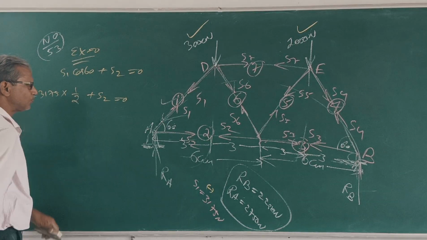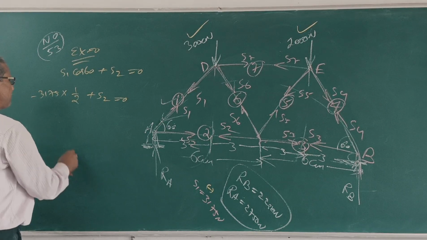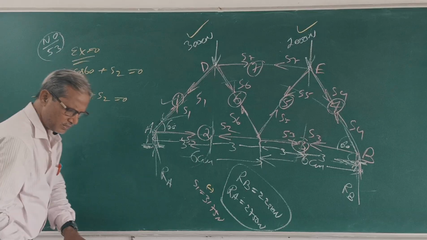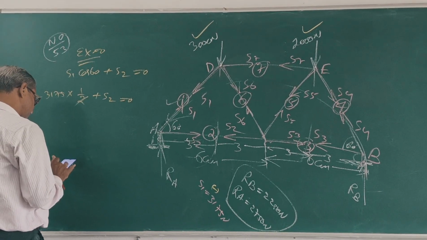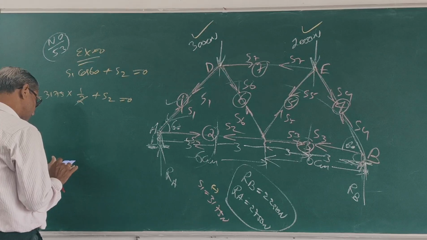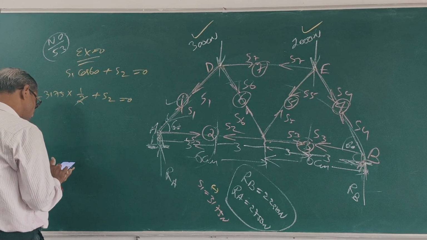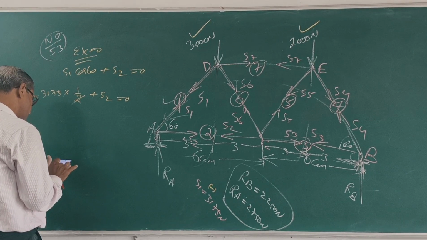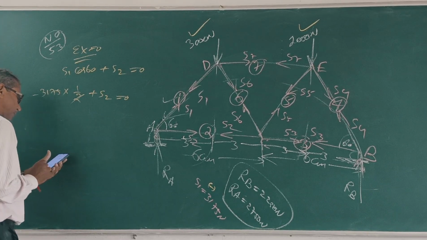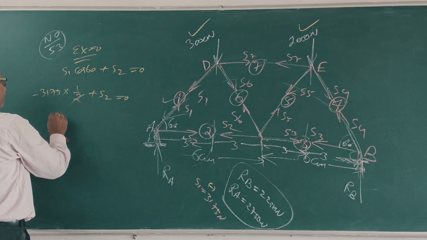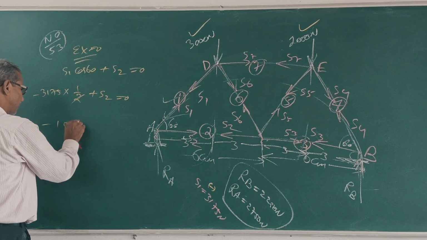Clear? So this is 3175 by 2, 1587.5, minus 1587.5 plus S2 is 0.